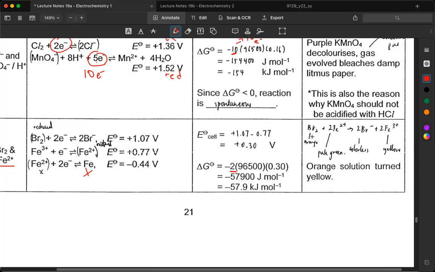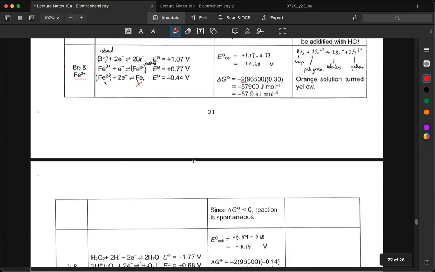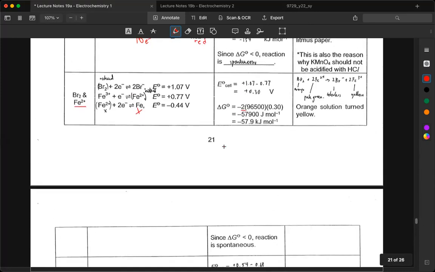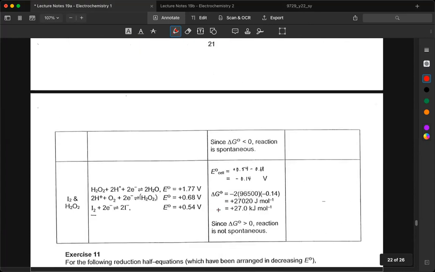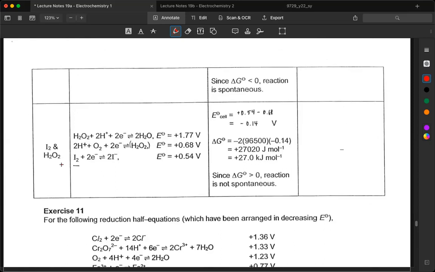So orange, remember bromine is orange, turns colorless. But then it doesn't turn colorless in the reaction mixture, because the Fe2+ becomes Fe3+, so it turns yellow. Okay? And because the Gibbs free energy is negative, it's spontaneous.